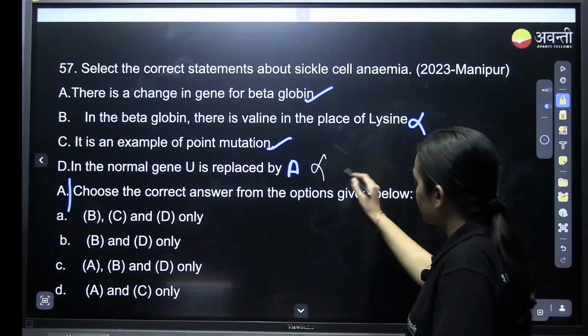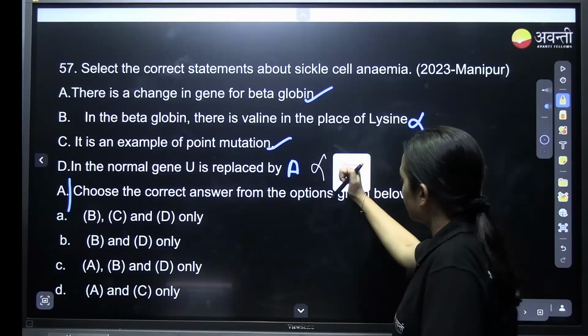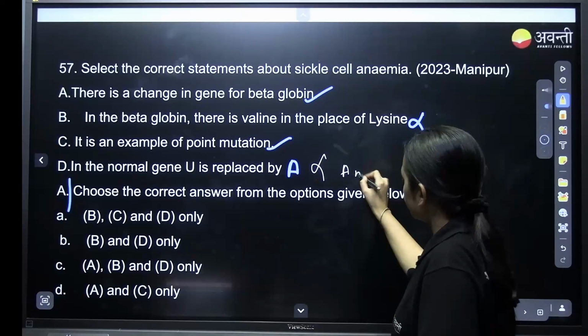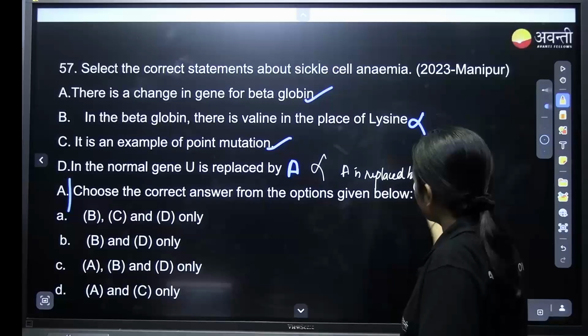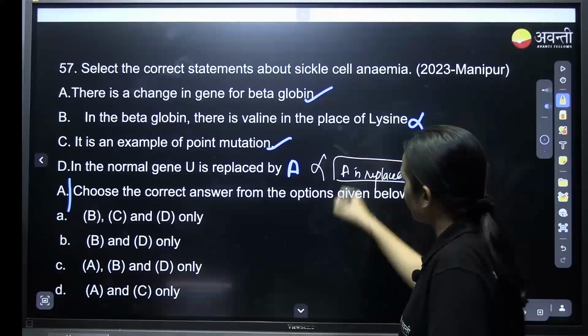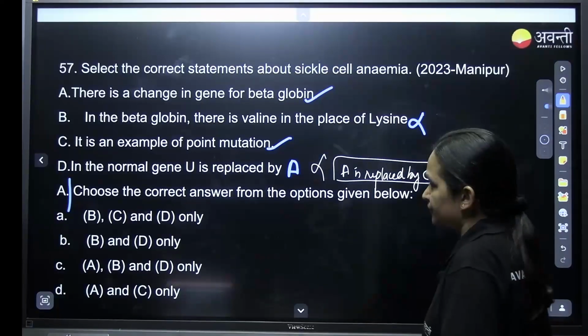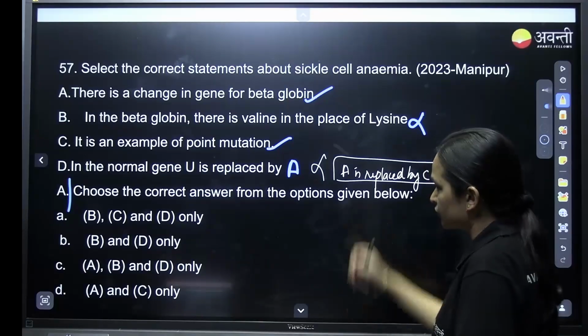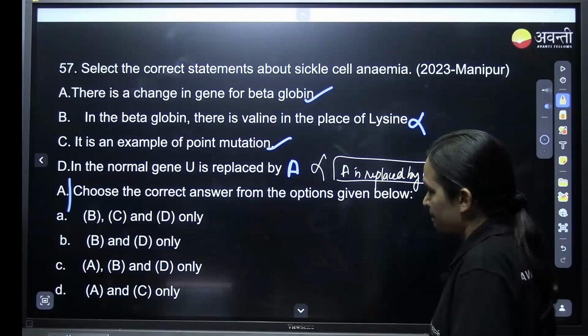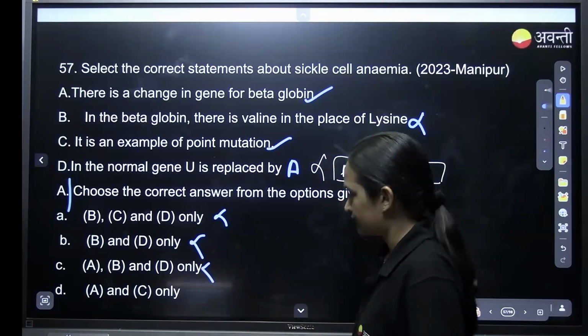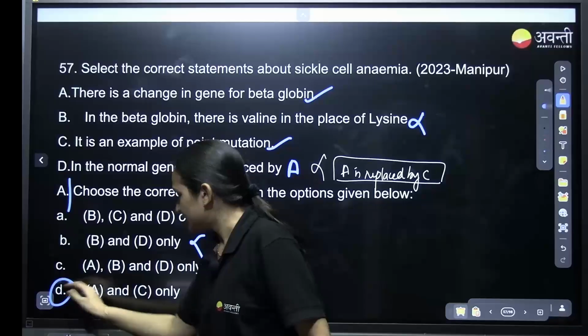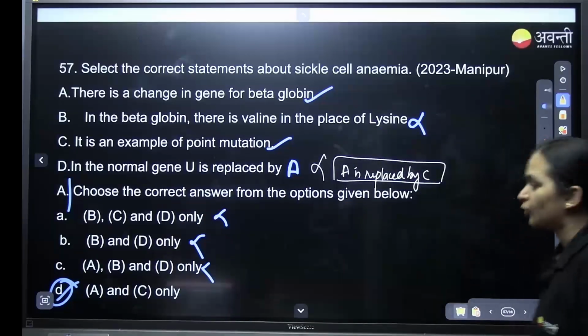No, actually the thing is A is replaced by U. mRNA में A is replaced by U. Understanding? So this is also wrong. D is also wrong. So जहाँ भी D है, Option D, जहाँ भी D है वो wrong. But option D is the correct.